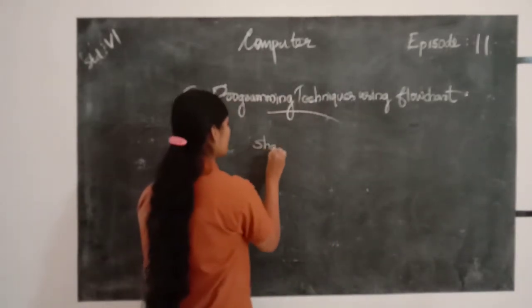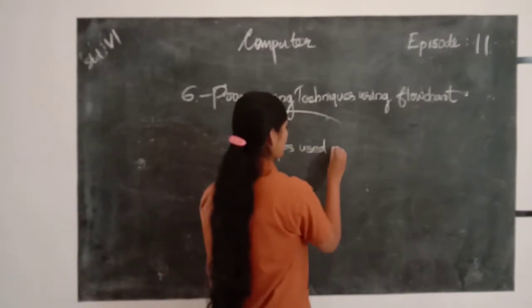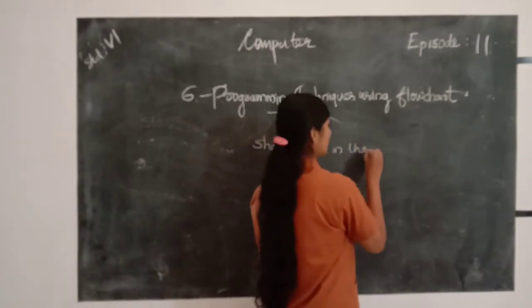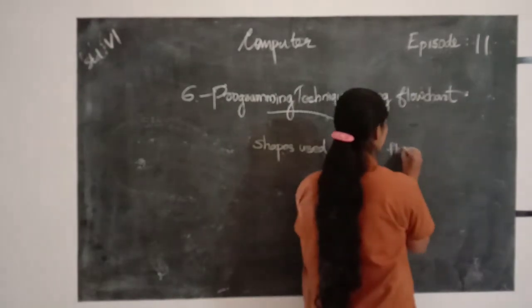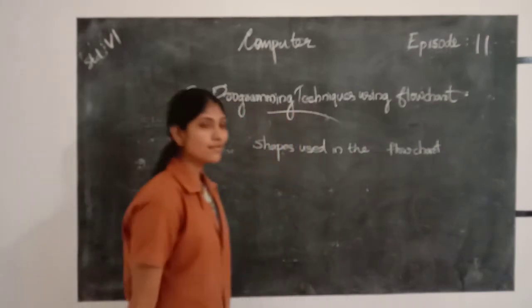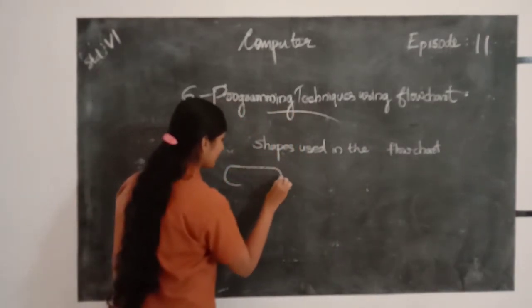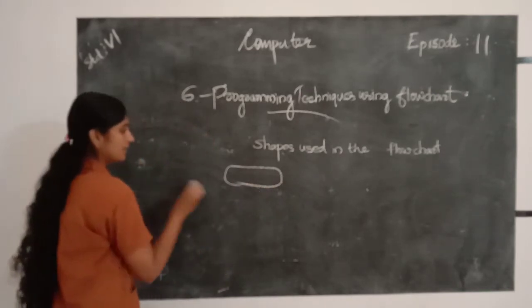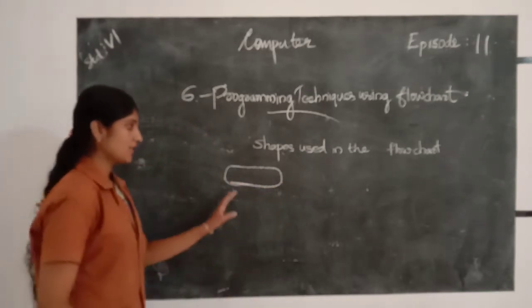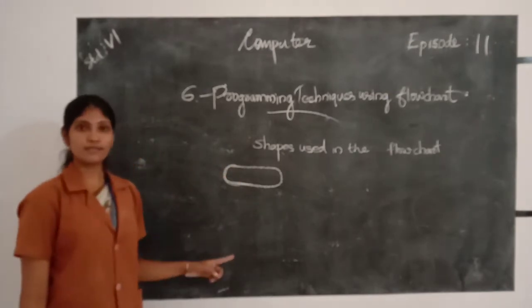Shapes used in the flowchart. The first shape is the rounded rectangle shape. This shape indicates start or stop.